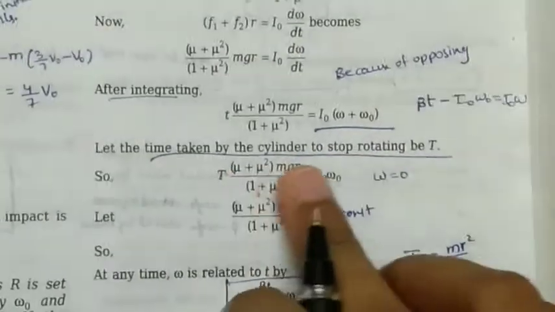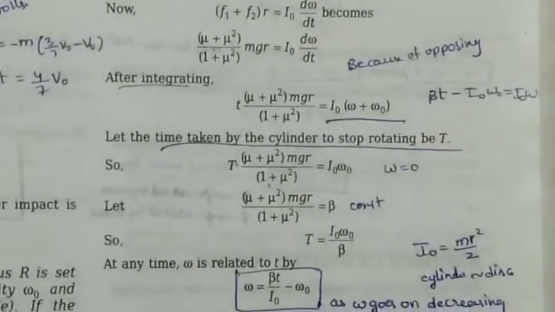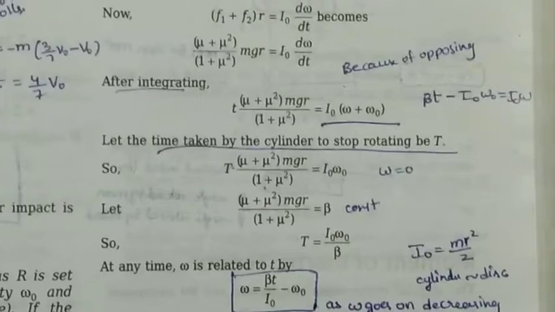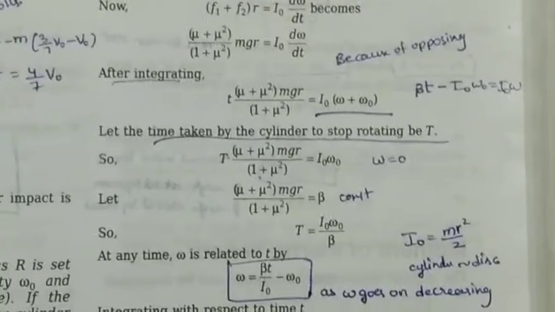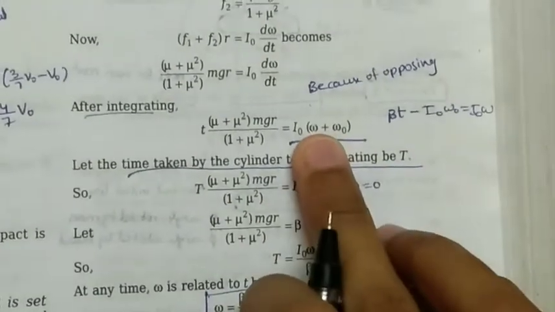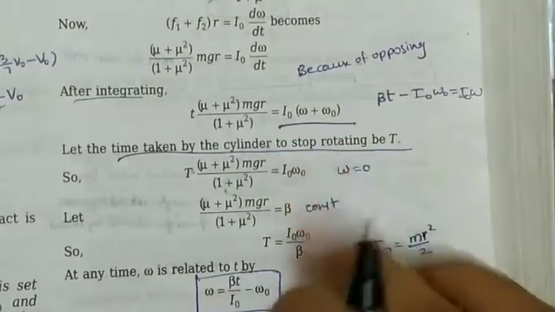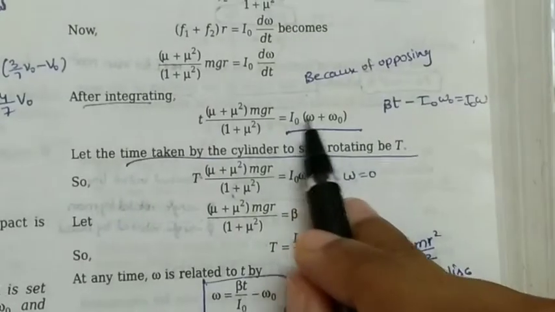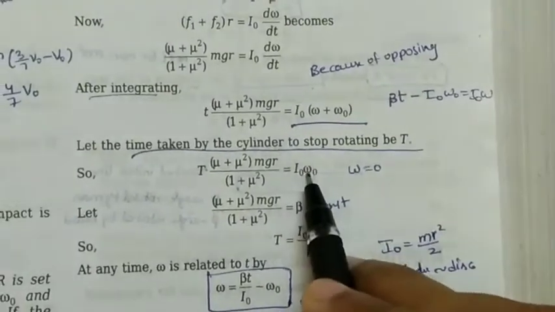Let the time taken by the cylinder to stop rotating be capital T. So let us suppose after T time the cylinder comes to rest, and at that time the final velocity would be 0. Hence we are having I naught into 0 plus omega naught, that is nothing but I naught into omega naught.